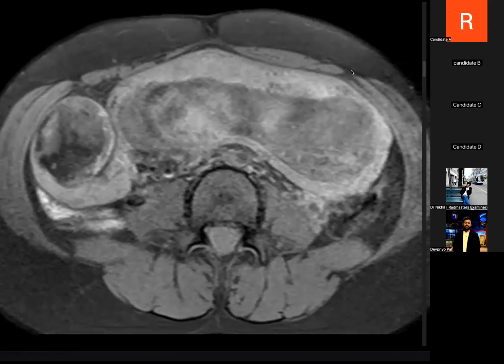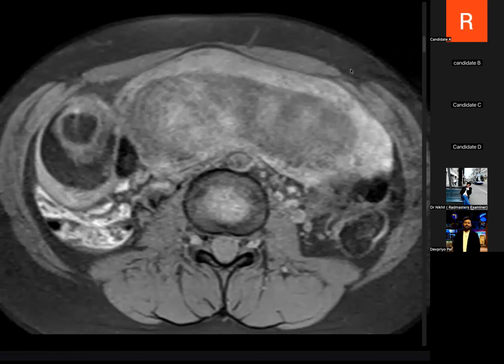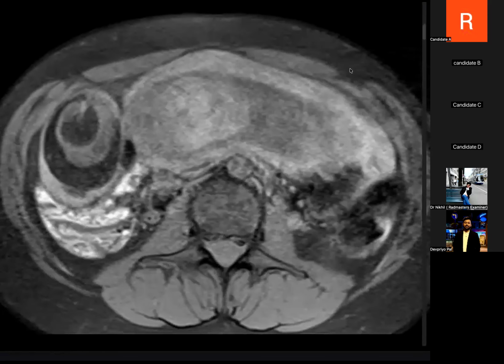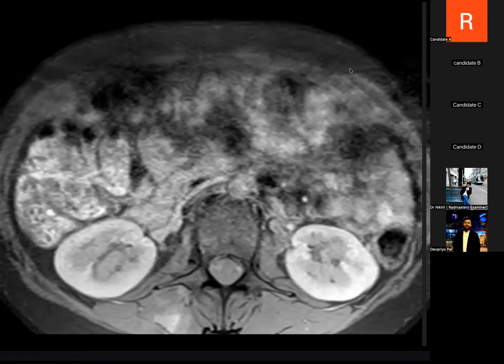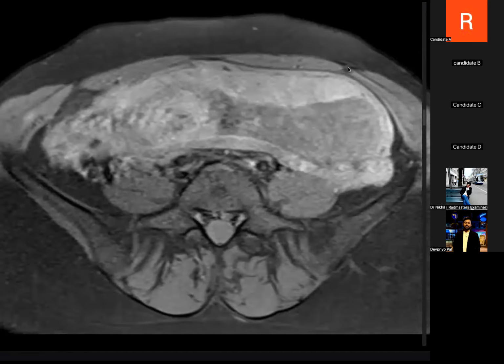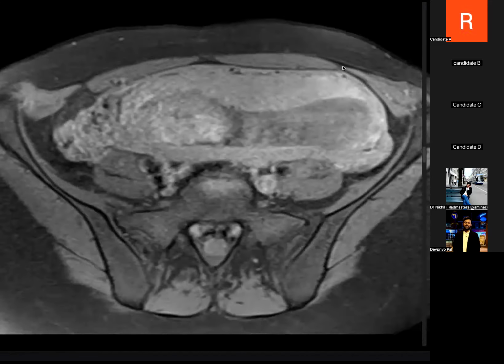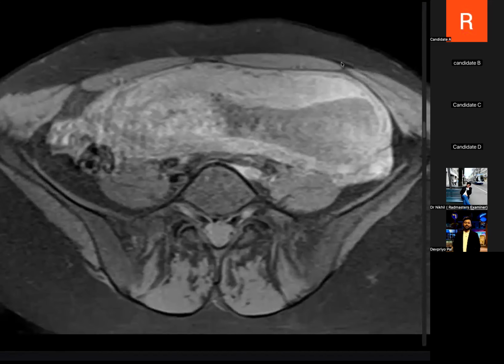So there's a fatty component, and the central area also shows fat suppression with a rim of non-fat component. So this could be a fatty lesion in the right adnexa with the intrauterine pregnancy. I would consider a mature cystic teratoma in a young patient.